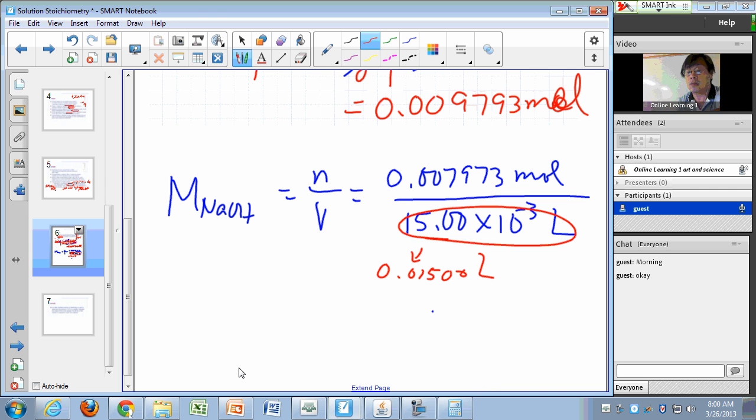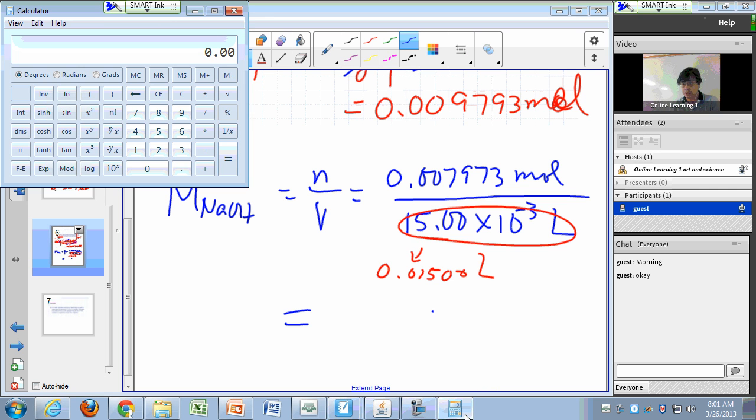So now that I have that, I get the molarity of my sodium hydroxide, which is going to be equal to, let's see, 0.007973 divided by 0.0015, and I think I'm off by a zero.